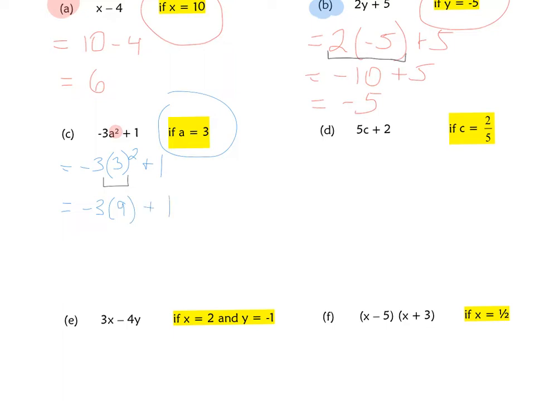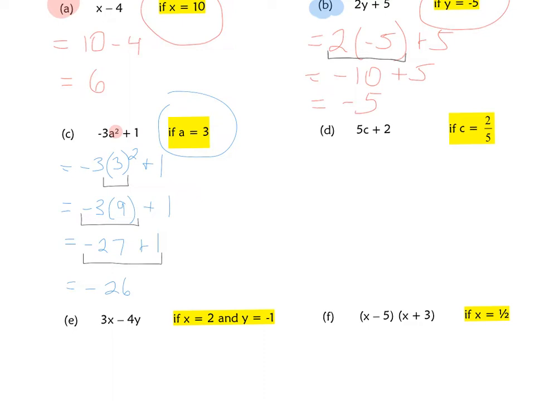And in BEDMAS, we think about multiplication before addition, so I have some multiplication happening here. Negative 3 times 9 gives me negative 27. And then I have negative 27 plus 1, which gives me negative 26. So that's the final answer for that one.